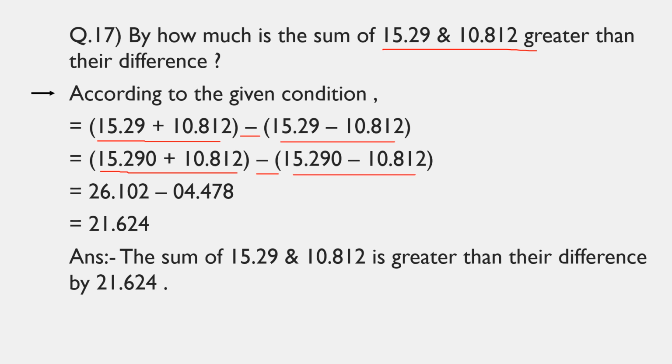So the answer of the first bracket, meaning addition of these two numbers, is 26.102, and subtraction of the same numbers is 04.478, and we are going to subtract these two numbers, right? So after subtraction, we'll be getting 21.624. So what is our final answer? The sum of 15.29 and 10.812 is greater than their difference by 21.624.